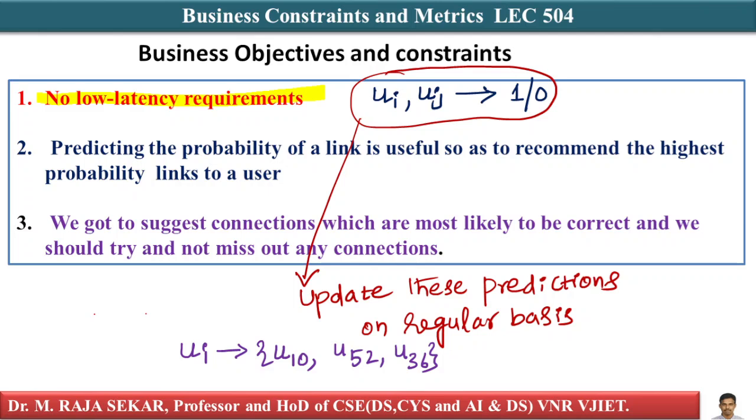I need not compute that UI should be following U10 at the time UI logs in, because there is no need for extremely low latency requirements. You can pre-compute that UI is following U10, U52, U36 and store this information in a hash table data structure and bring it up whenever UI logs in.